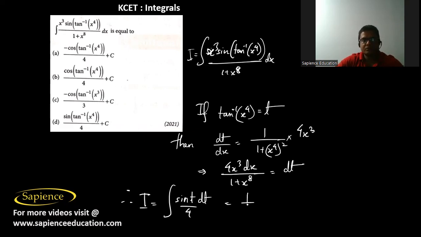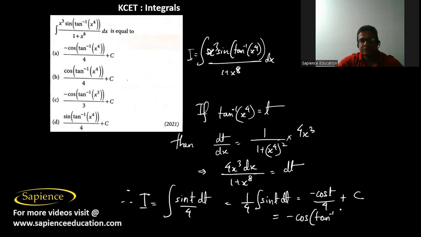So this will be equal to 1 by 4 integral sine t dt, which is equal to minus cos t by 4 plus c. So the answer will be minus cos of tan inverse of x power 4 by 4 plus c. So it means that option A is the correct answer.